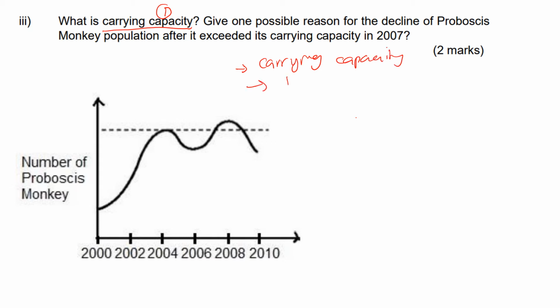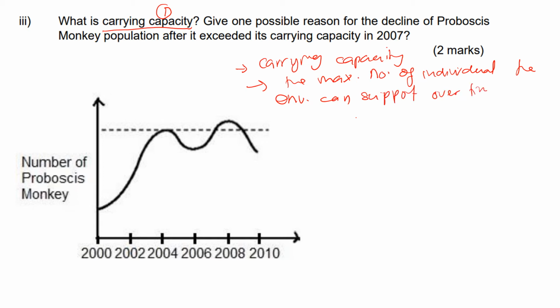The maximum number of individuals the environment can support over time, based on the available resources. For example, the amount of food present in that area. Is it enough for everybody? Okay, so that is carrying capacity, the maximum number of individuals.